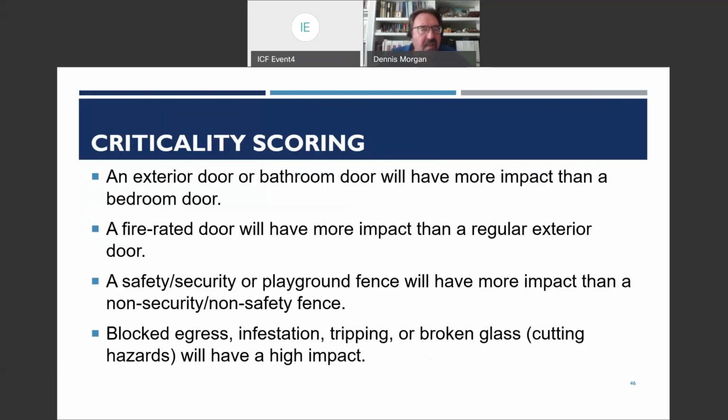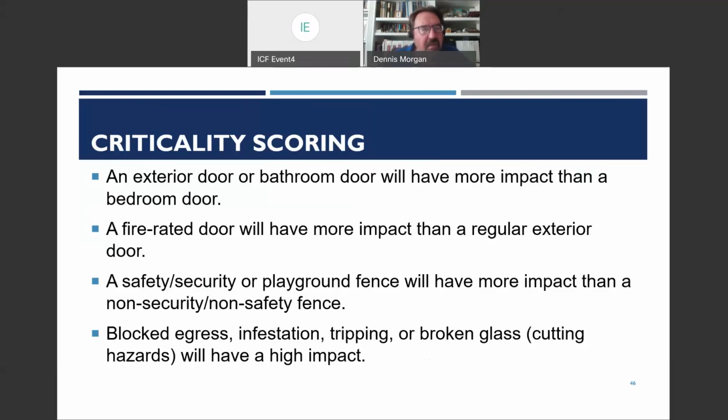Blocking egress, infestation, tripping hazard, broken glass. You're creating other forms of hazard: tripping hazards, blocking egress in case of fire. LTs, broken glass forms a cutting hazard, going to have a high impact. These are health and safety concerns, and therefore going to have higher criticalities and higher points taken away based upon the criticality as well.